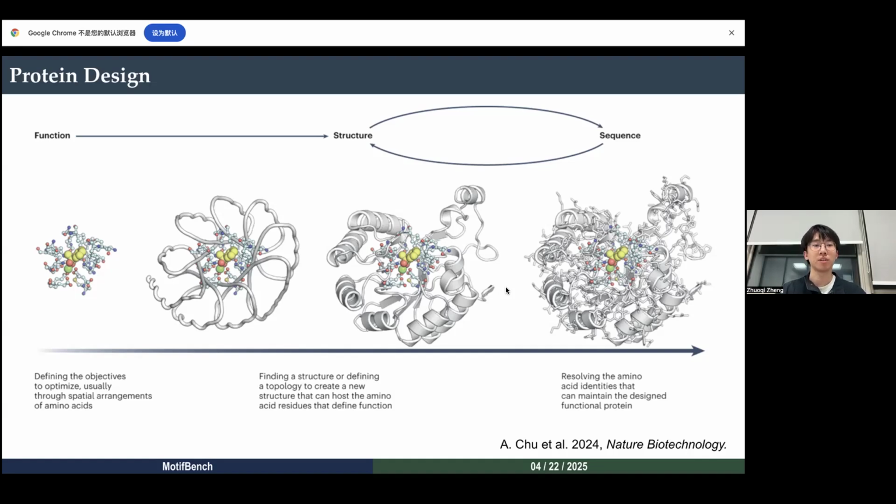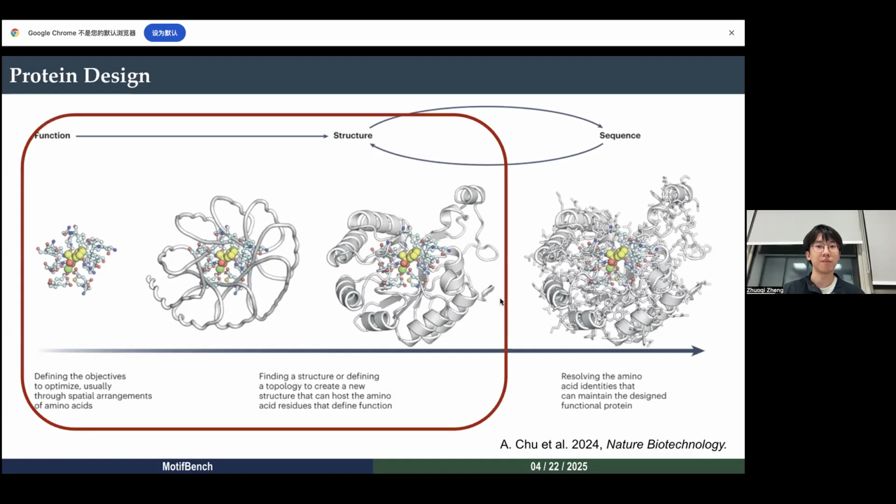In the modern protein design pipeline, we often define a desired property, and then use methods, either based on energy functions or deep learning, to generate ideal structures that can hold these desired properties. This is what we call the function-to-structure regime.